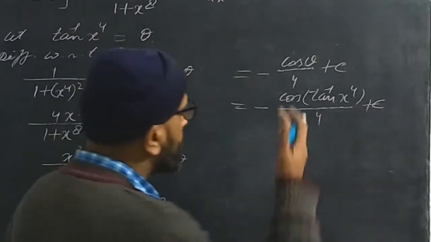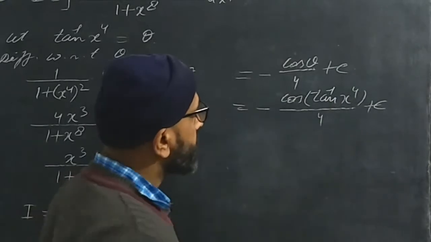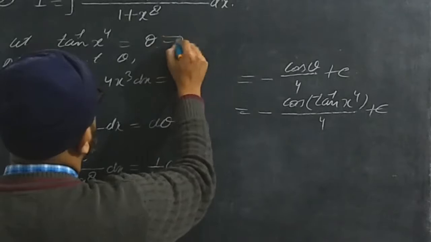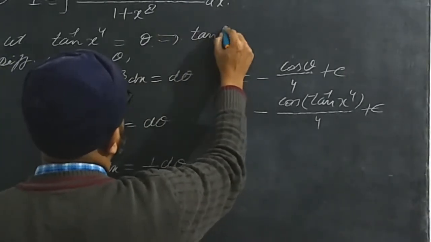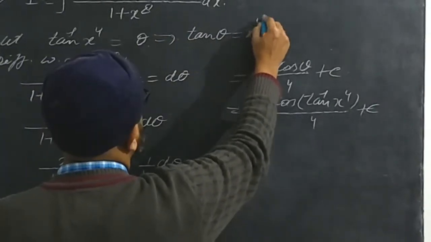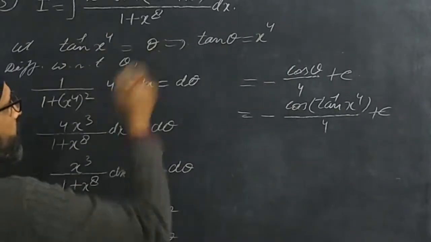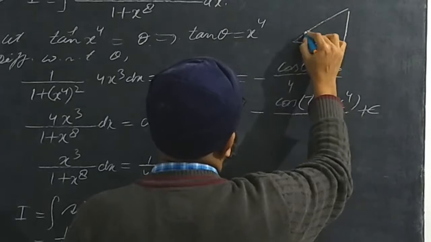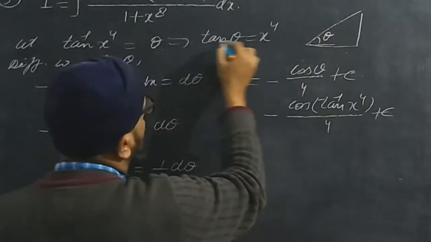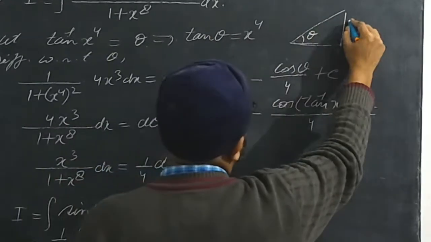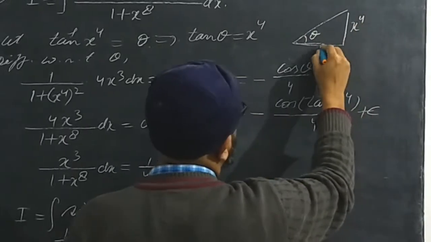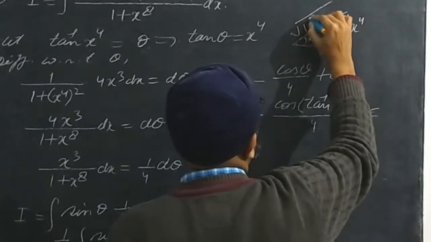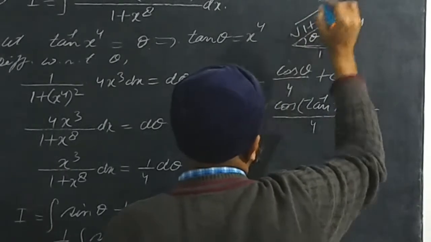But if you like to write this result in algebraic form, so what we have to do from here, we have to find out the value of tan theta, that is tan theta will be equal to x raised to the power 4 if tan inverse x raised to the power 4 is equal to theta, and then we'll have to make the triangle of angle theta, and according to tan theta is equal to x raised to power 4, the perpendicular is x raised to power 4 and base is 1, and by Pythagoras theorem the hypotenuse we may write as under root 1 plus x raised to the power 8.